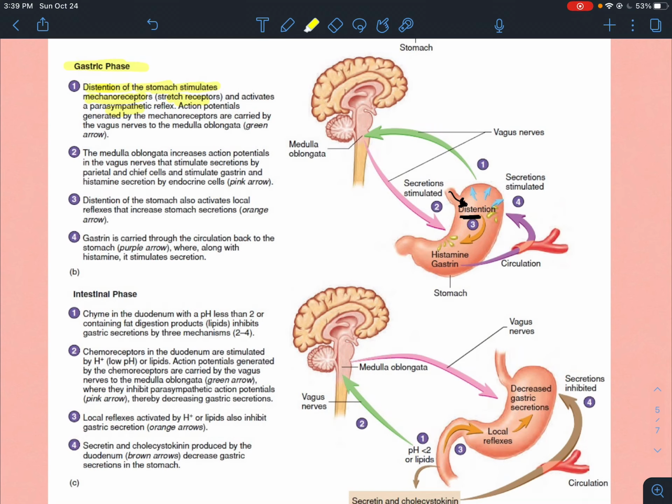This will cause further secretion of the endocrine cells. Gastrin is secreted, is carried through the circulation back to the stomach, where it will stimulate further secretion of those gastric juices.